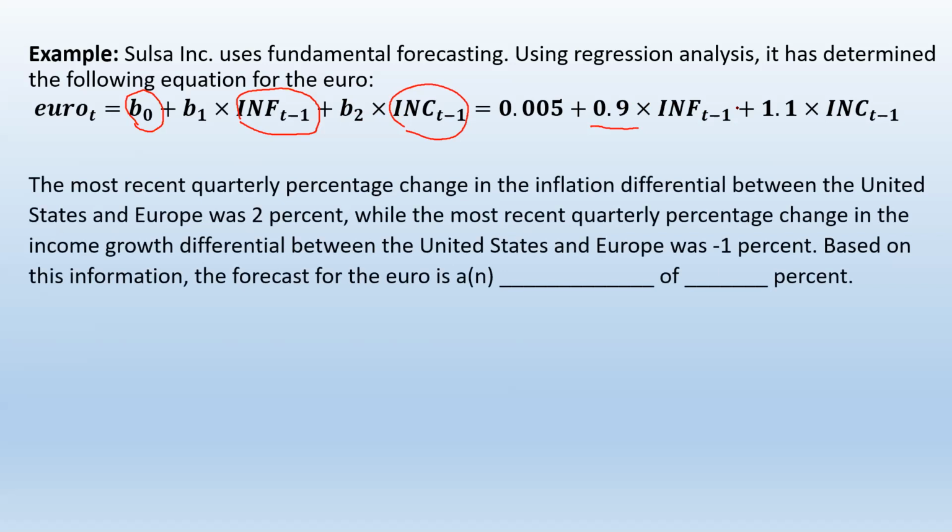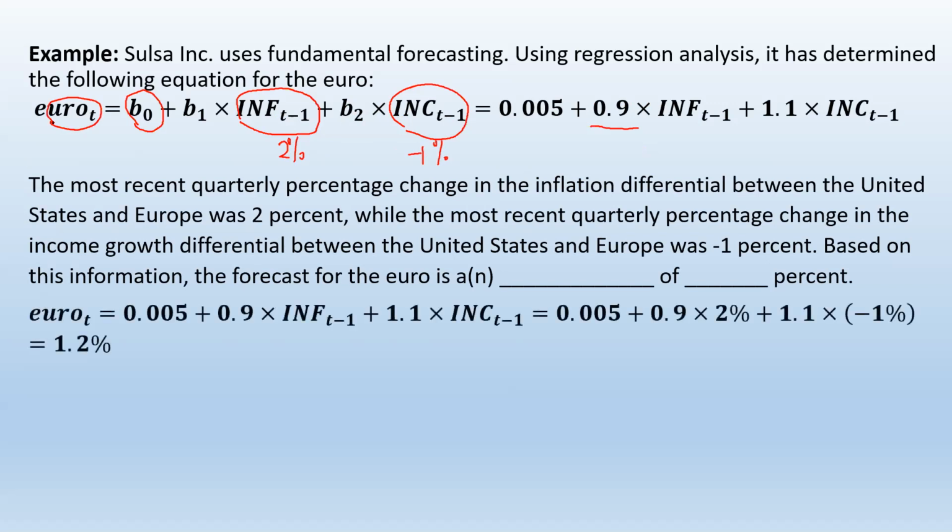And the most recent inflation differential, INF t-1, is 2%, and the income growth differential is -1%. Then what's the forecasted percentage change for the euro? So we just plug in those numbers.